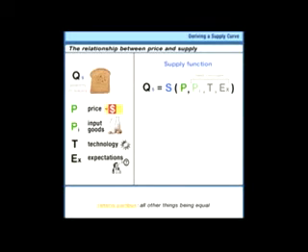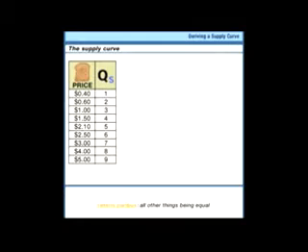That is, the quantity of bread that our baker supplies is related to the price of bread. When I draw this supply schedule, I am invoking ceteris paribus. I'm holding constant everything else that this baker cares about: technology, input prices, expectations about the future. I'm looking only at how his behavior would change in response to a change in the market price of bread.